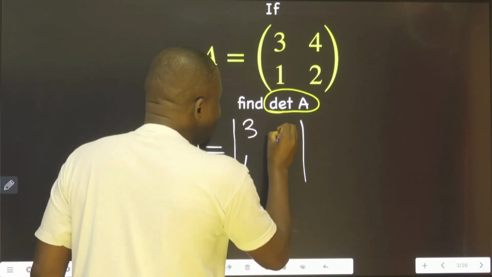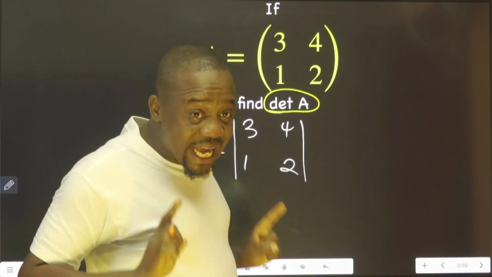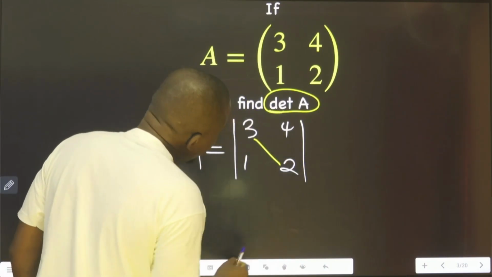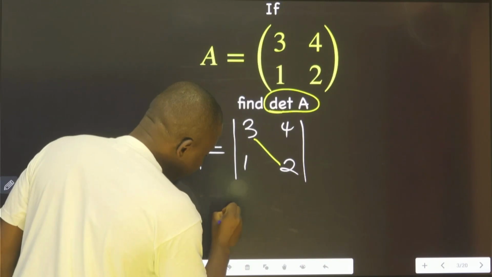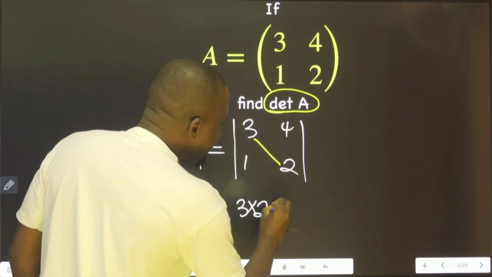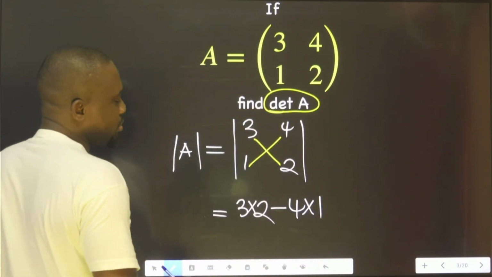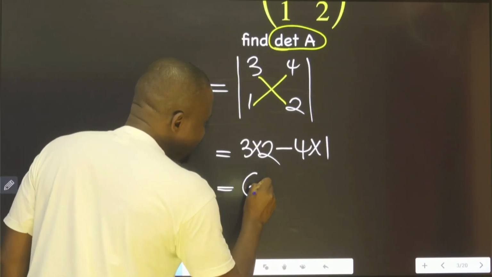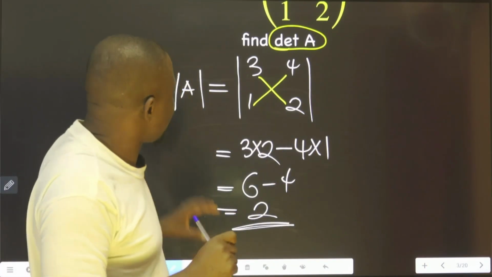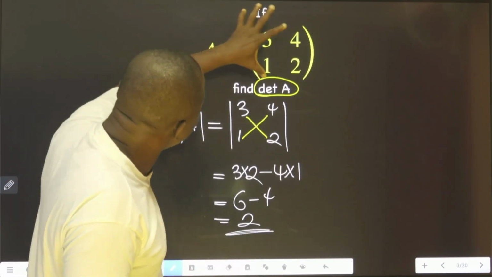This means the determinant of A. You multiply the diagonal together: 3 multiplied by 2, minus 4 multiplied by 1. That is 6 minus 4, which is equal to 2. So 2 is the determinant of this matrix A.